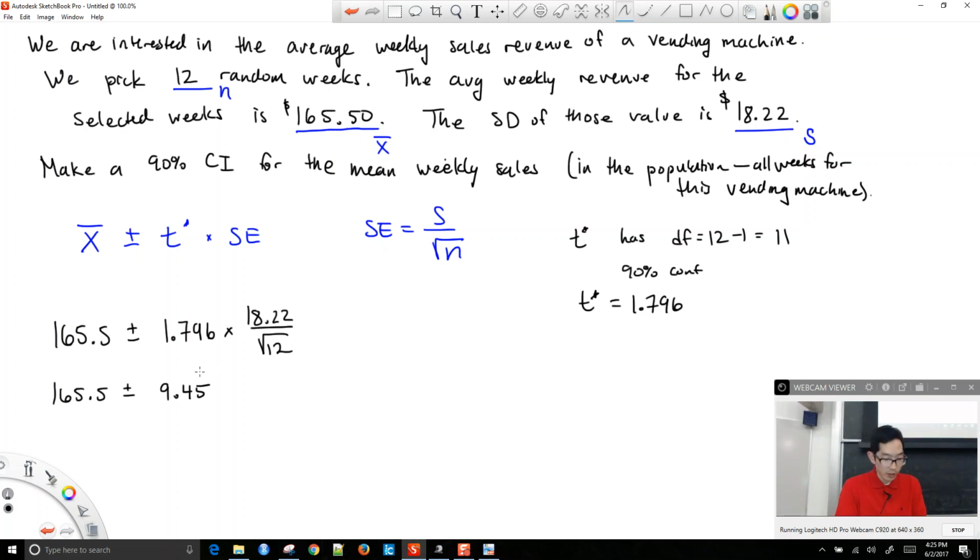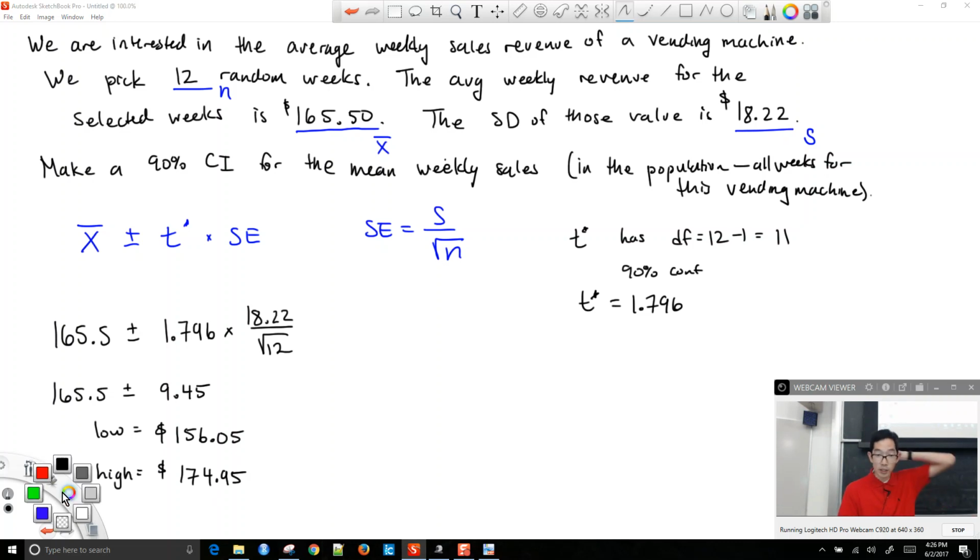All right, so 165.5 minus 9.45 is 156.05. So on the low end, I have 156.05. And on the high end, I have 174.95.